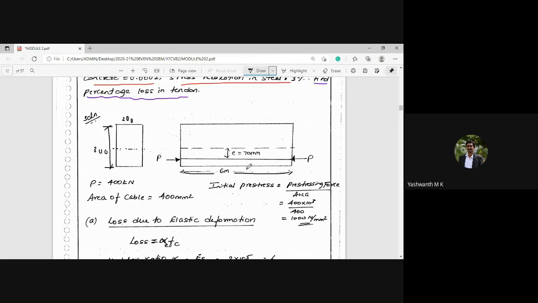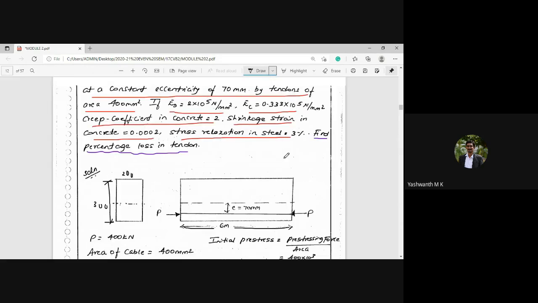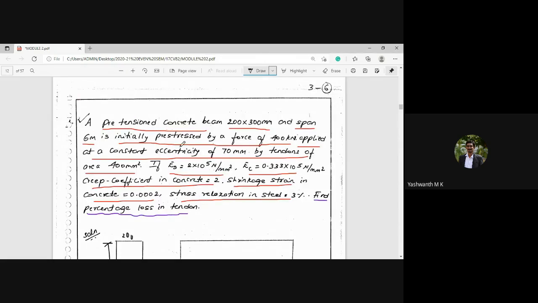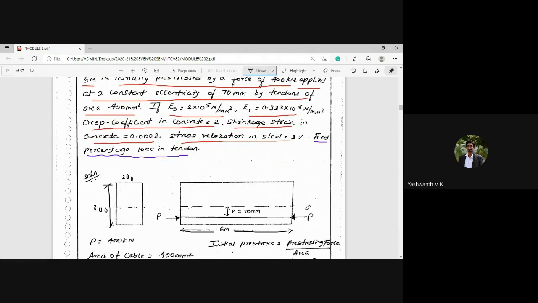Then at constant eccentricity: in the examination, instead of giving a straight cable, they can give it in this particular way also, that is constant eccentricity. That means throughout the beam, the eccentricity is uniform. This particular situation will be created only by a straight cable. Hence the eccentricity throughout the beam is 70 millimeter. So let me write down the data.